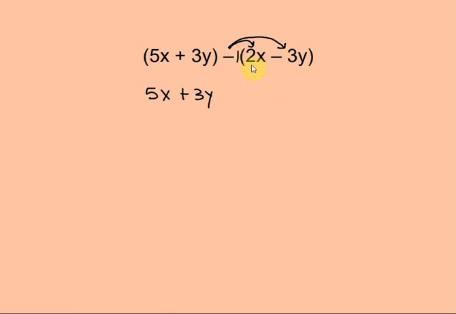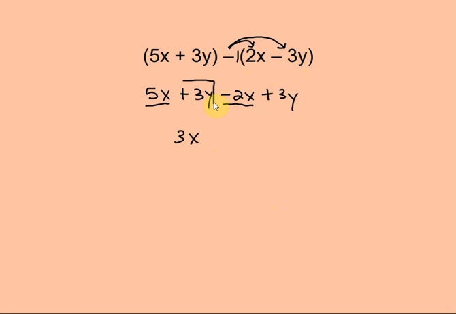Negative 1 times 2x would be a negative 2x. Then negative 1 times negative 3y would become positive 3y. Once again, we're going to combine our like terms. 5x minus 2x would be 3x.